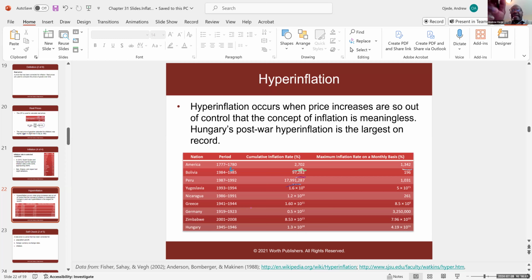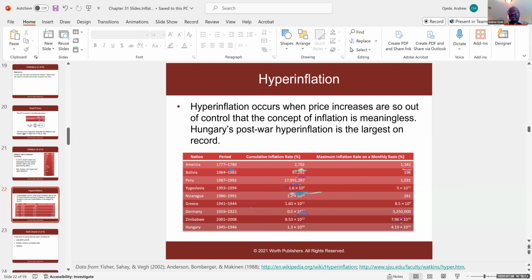For Yugoslavia, the rate of inflation was close to a billion percent. Germany printed a lot of money to go to war, and was forced to pay reparations for war crimes after World War I, so German inflation was out of control. Every month, German inflation was rising at a rate of about 3.2 million%. That's just ridiculous. And then Zimbabwe has had one of the highest inflation rates in history.